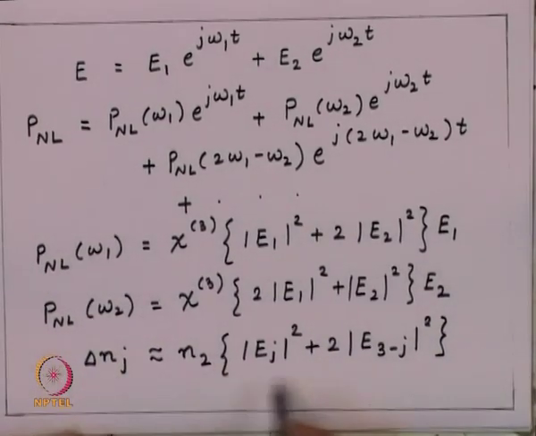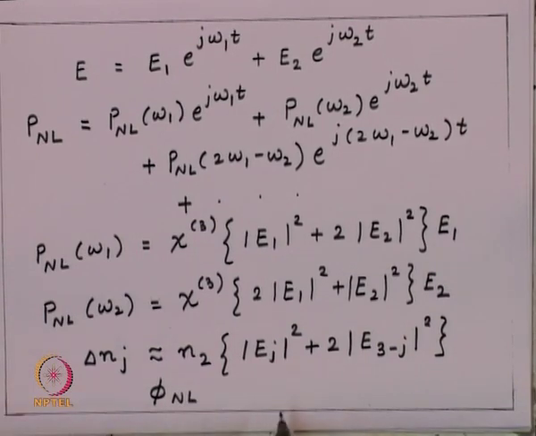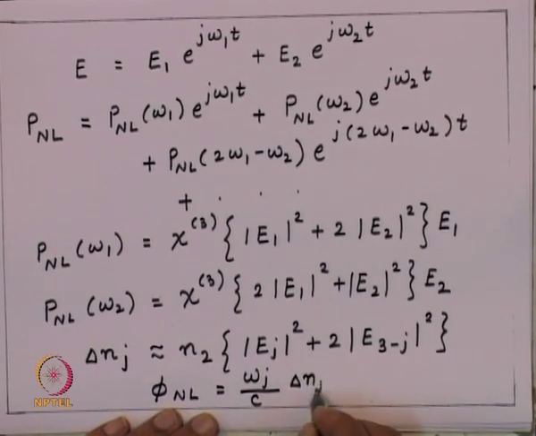And when you are having a phenomenon like this, then one can say that the nonlinear phase change, as we saw in terms of the self phase modulation, can be given as delta phi j times z.